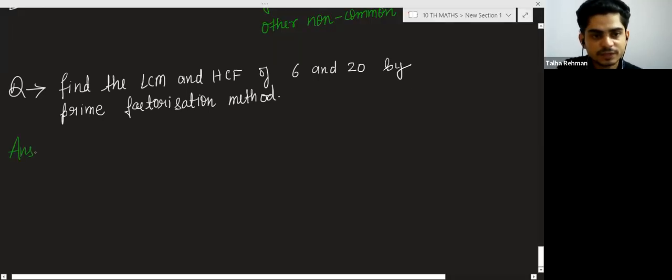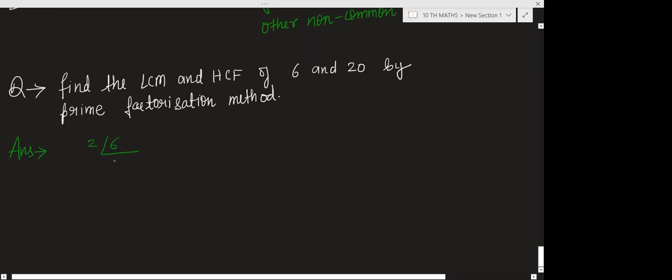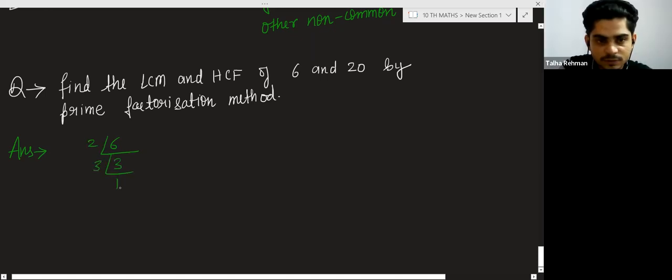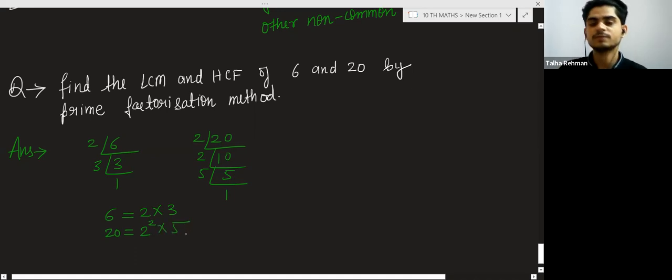So the prime factorization method is simply that we will do the factorization of the given numbers. First we will take 6 like this. Okay. And after that 20. So for 6 I can write 2 into 3. For 20 I can write 2 to the power 2 into 5. Is it fine? Yes, sir.